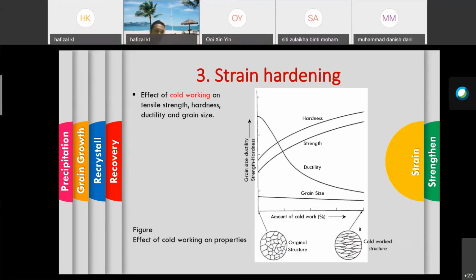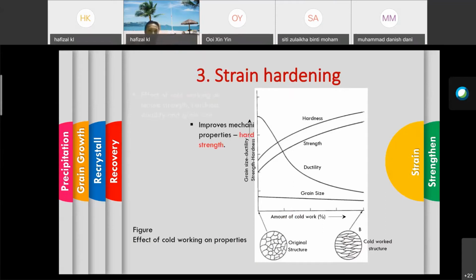For the effect of the cold working, we can see the ductility starts to reduce. The original grain size is something like this, and it will finally deform into something like this during the rolling process, and we can see the ductility will reduce.